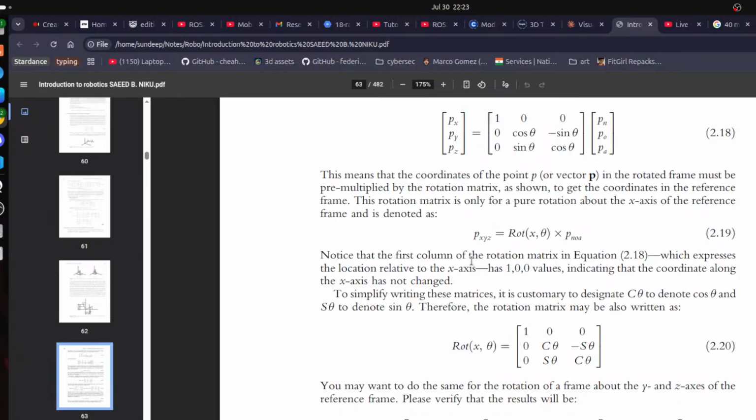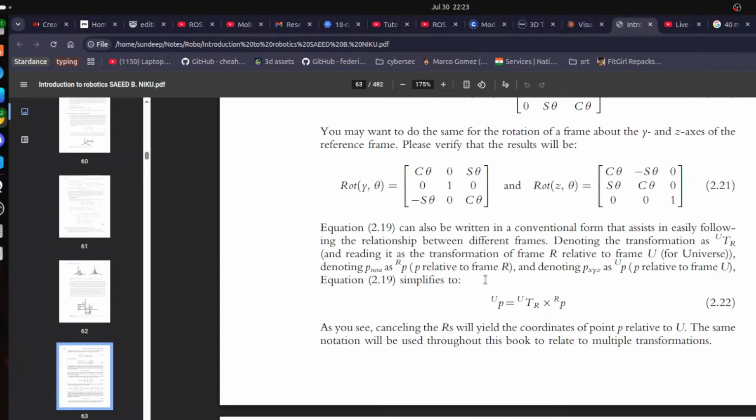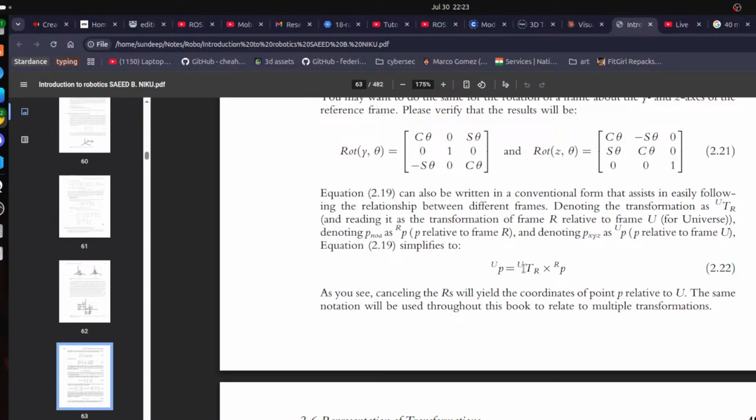So far, I have covered frame transformations, and I think I have derived a few things or not.